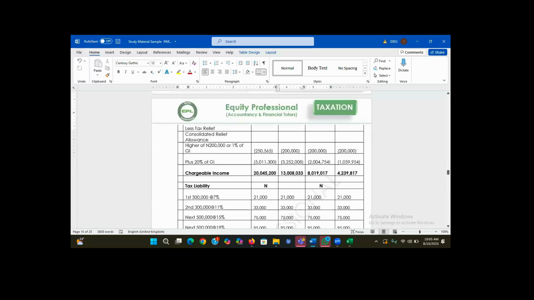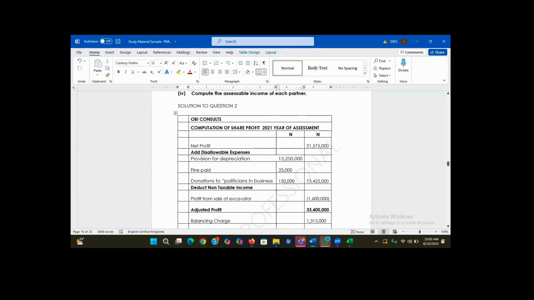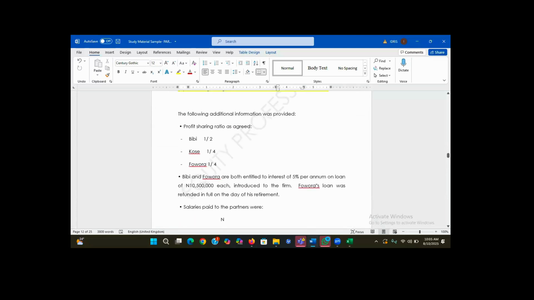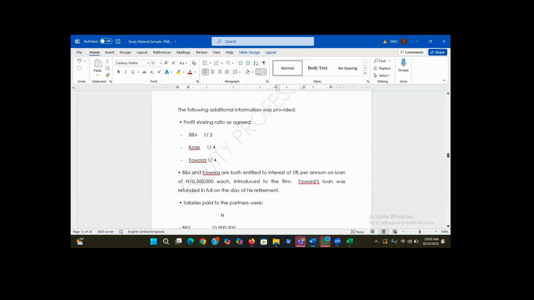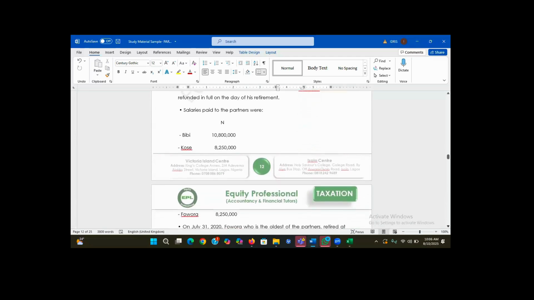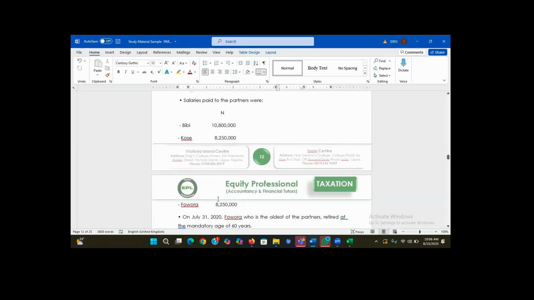What that means is that Fowora worked for how many months? 7 months. This salary paid to Fowora is for 12 months.